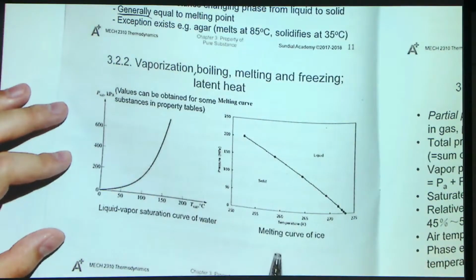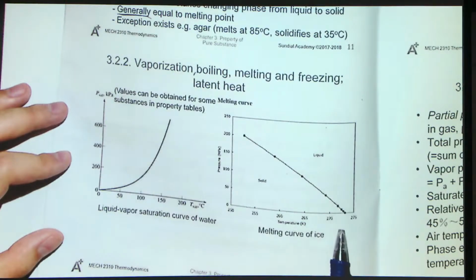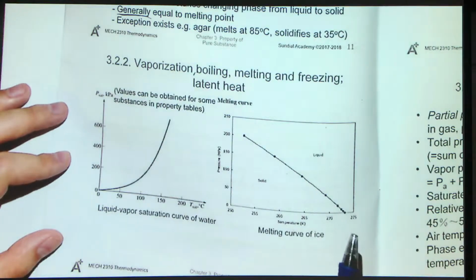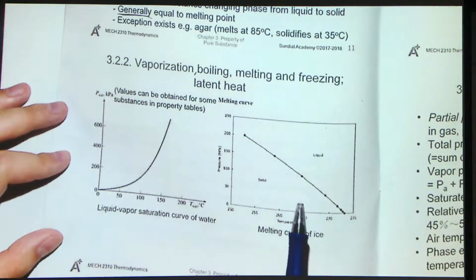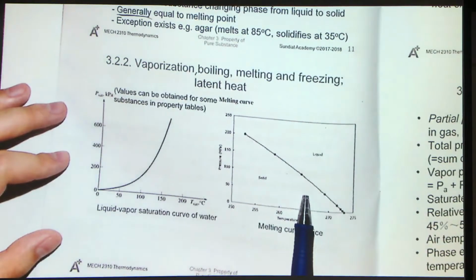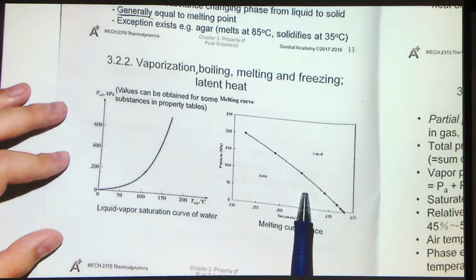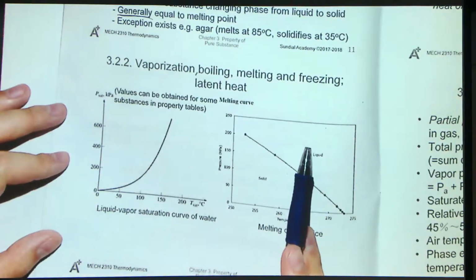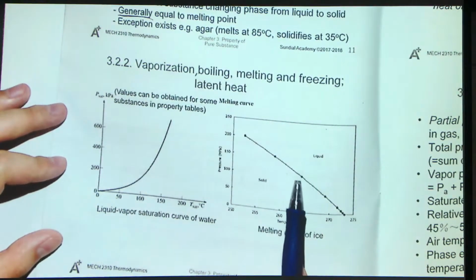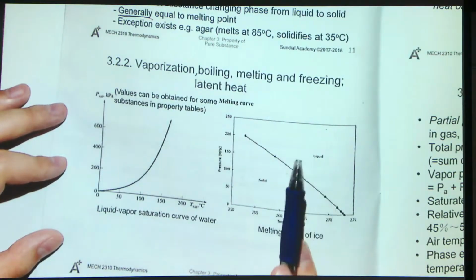Suppose the temperature is room temperature, about 300 K, then the pressure will be a bit low. Because 300 K is not in this diagram, I just pick another point, for example, 265 K. Suppose the original pressure is at this position. If you add pressure, it jumps to a higher pressure at the same temperature, so it changes from solid to liquid.